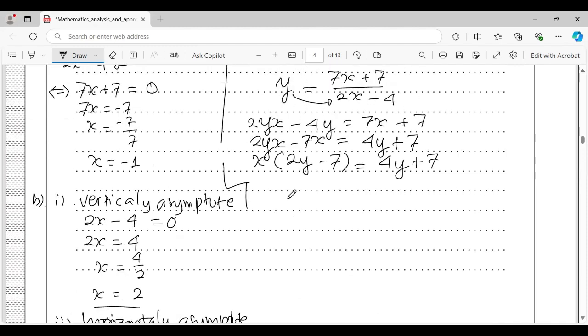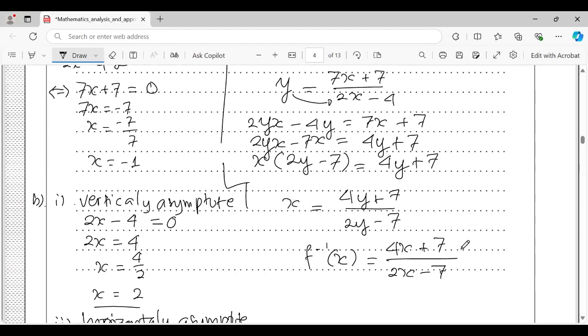Okay, and it becomes x equals (4y + 7) over (2y - 7). So the inverse of f(x) equals (4x + 7) over (2x - 7).